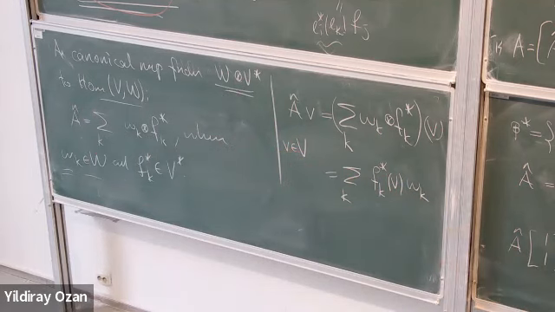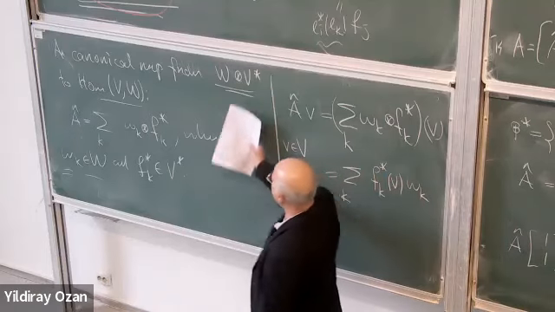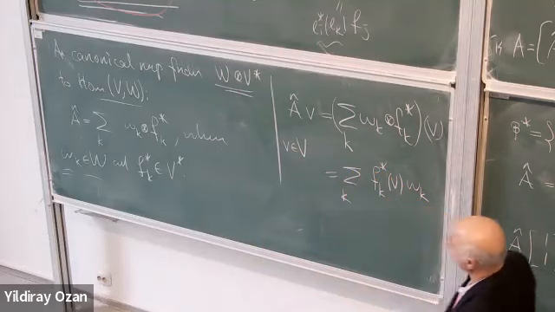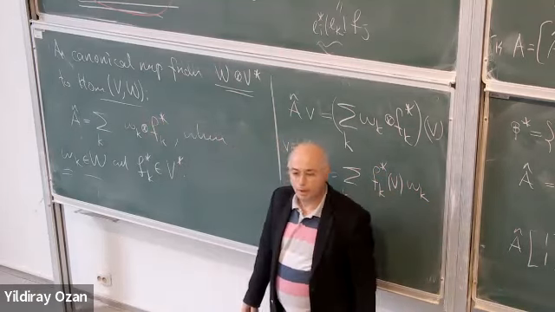You don't need a basis. If you have a basis, then you can represent things in a form which is more useful, but actually you don't need it. Okay, so this is a canonical map from this tensor product to this. Tamam mı?